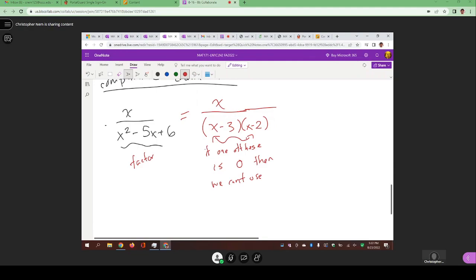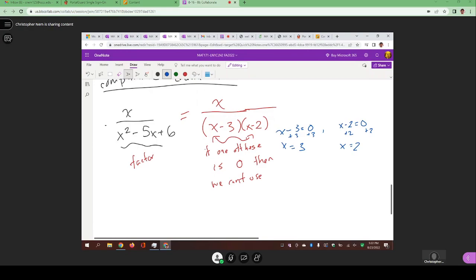Well, what would cause x minus 3 to be equal to 0? Let's just do that real quick. x minus 3 equals 0, and then we also have x minus 2 equals 0. If we add 3 to both sides, we get x equals 3. Add 2 to both sides, we get x equals 2. Now, what does this mean? These are the numbers for x that are going to cause our fraction to have a denominator of 0.